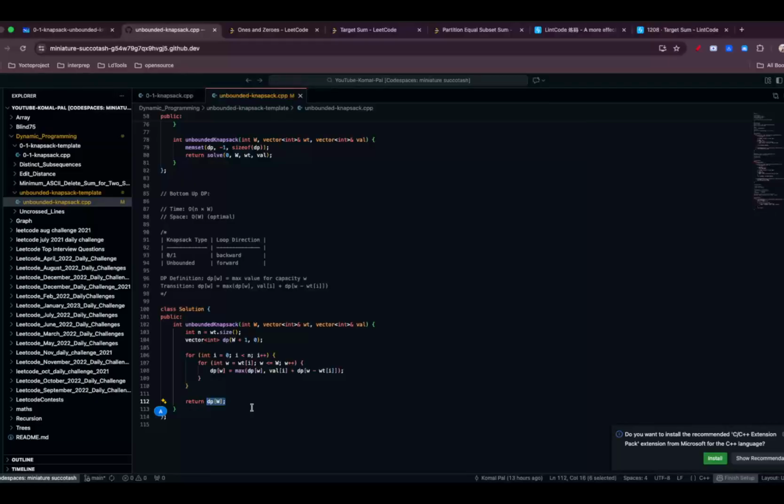Here it is unbounded, so that one item can be stored multiple times. So the answer will be 5 items with weight 1, because 5 into 1 is 5 total weight, which is the capacity of the knapsack itself. So this scenario is possible.